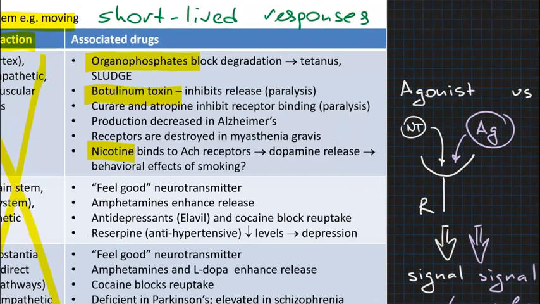So, last week when we were talking about synaptic transmission, we mentioned that neurotransmitter has to be destroyed at the end, right? And a lot of drugs mess up this destruction. So here are some examples.